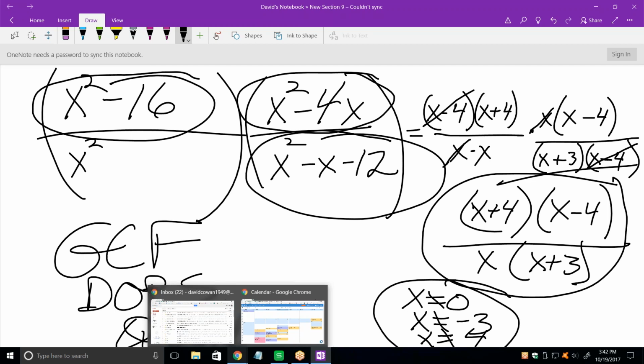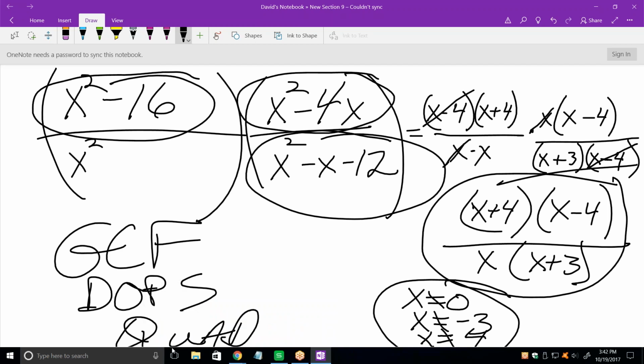That's the order you always want to consider your factoring. Don't look for quadratic first, because sometimes once you take the greatest common factor out, you're left with a normal quadratic factor. So always look to do them in this order.